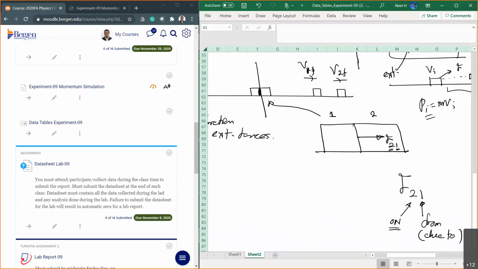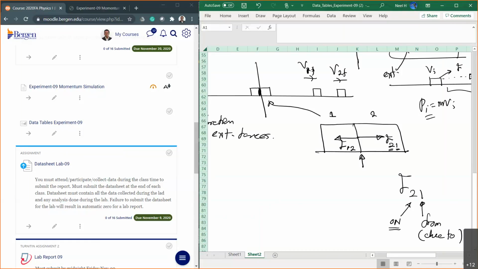Now, if you look at Newton's third law right here, exactly on the surface, if you have a force, there should be a reaction force, an action-reaction force. Because of that, during the collision, there should be a force on object number 1 due to object number 2.